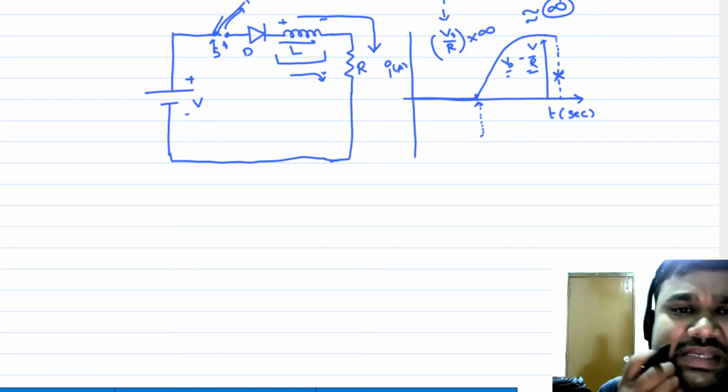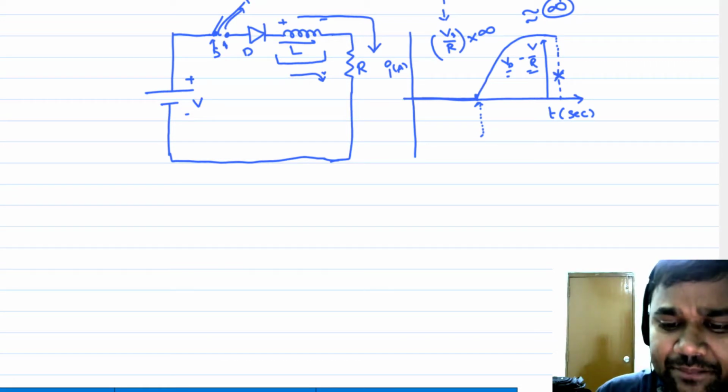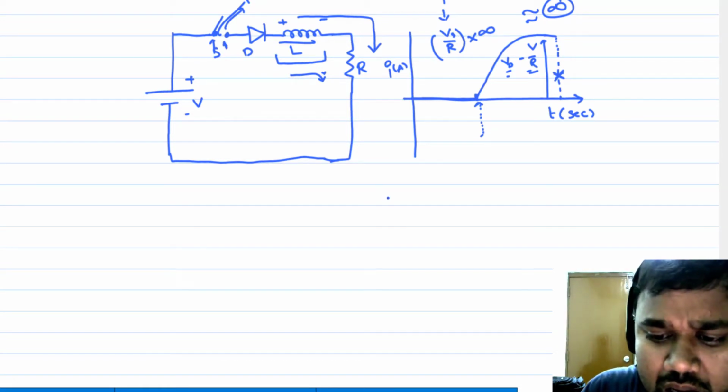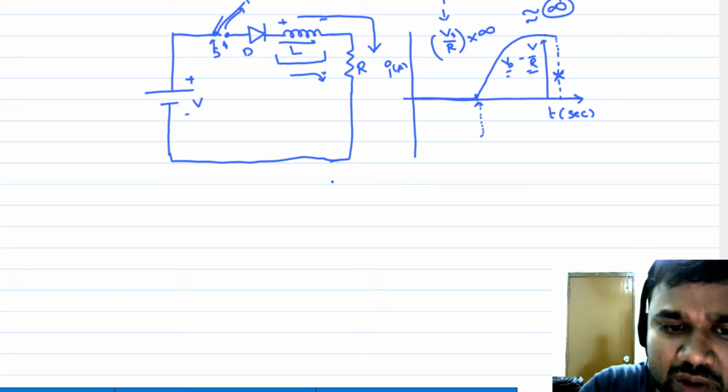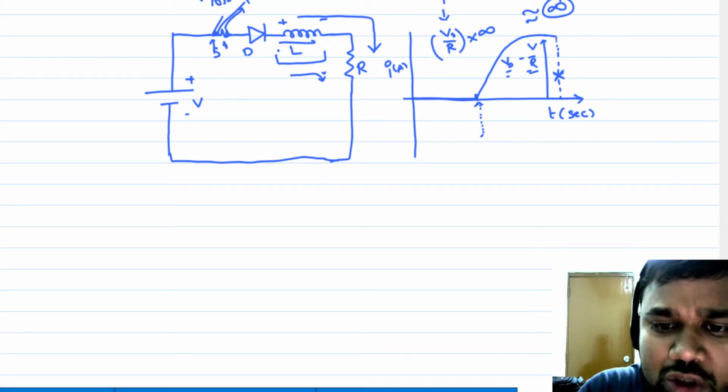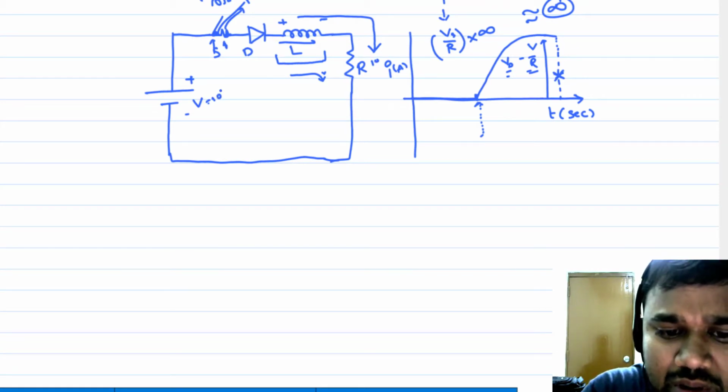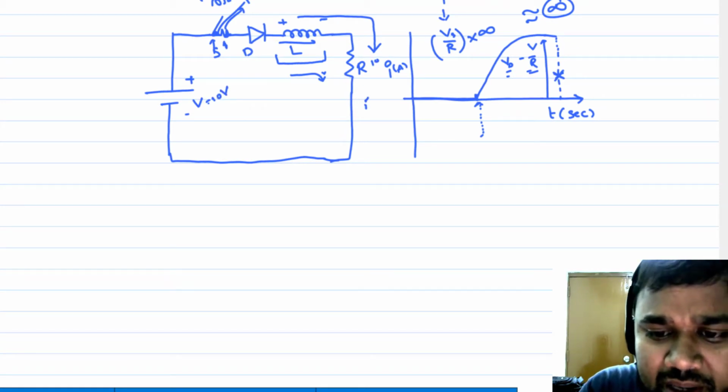Let us take a case where it is actually happening. Instead of a switch, you replace it with a 10 ohm resistance. I am assuming the voltage is 10 volts, so the current is 1 ampere.